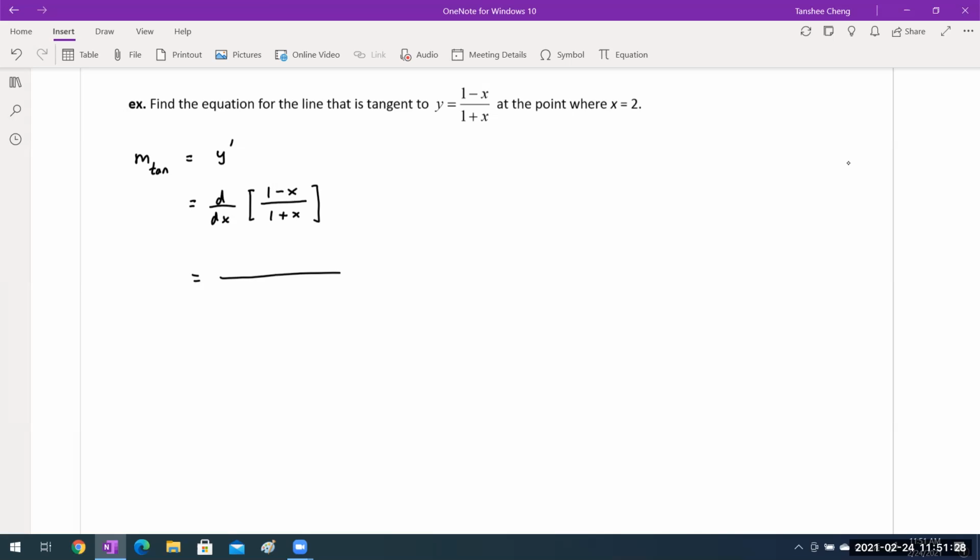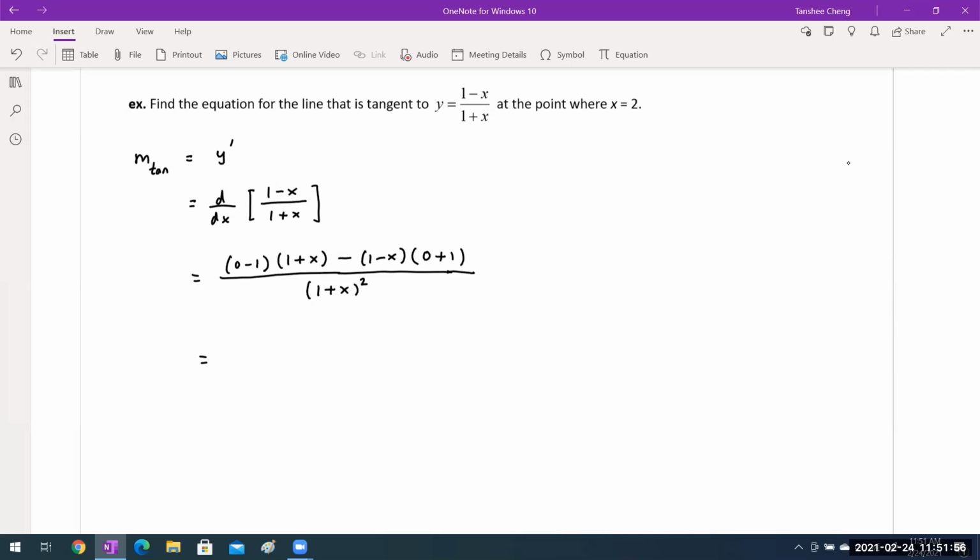So this will be the derivative of the numerator, which is 0 minus 1, times the denominator, 1 plus x, and then minus the numerator times the derivative of the denominator, which is 0 plus 1. Taking the derivative of a constant is 0, taking the derivative of x is 1. All over the denominator squared, (1 plus x) squared.